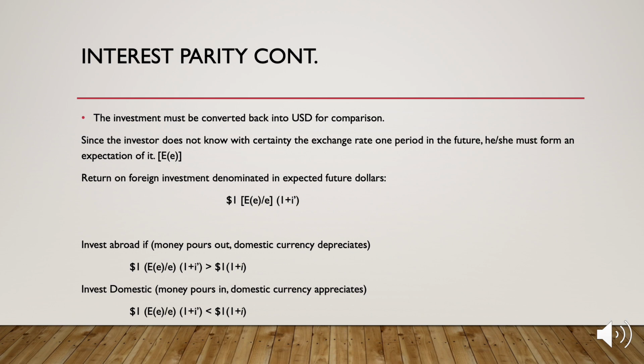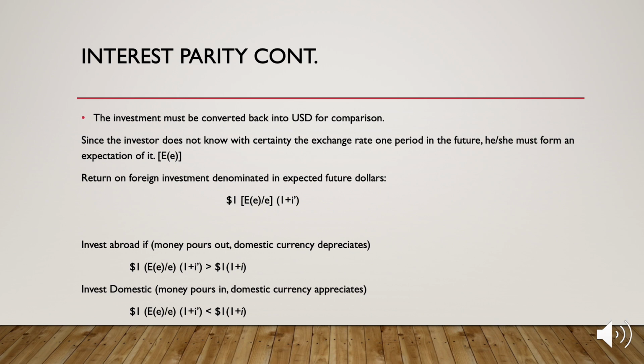So the return on foreign investment denominated in expected future dollars would be 1 divided by the current exchange rate, then grown at the foreign interest rate, and then converted back into dollar terms by multiplying it by the expected value of the future exchange rate, capital E. So now we have something that's comparable.